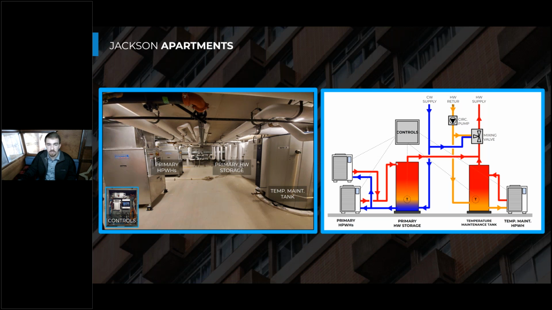So we maintain that stratified storage, but now we have backup in case these heat pumps either fall behind or they go down for any reason, for maintenance or any other reason. And then we have the controls that tie in, it reads the temperature through these tanks, and it tells these heat pumps when to run based off these separate tank temperatures.